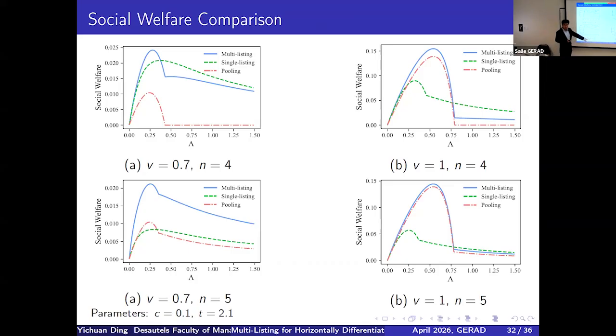When n is an odd number, in some cases single listing can still be better than multi-listing, but the difference can be much smaller. In other words, if you have an odd number, like 5, 7, 9 servers on the circle, then multi-listing is not that bad compared to when n is an even number.